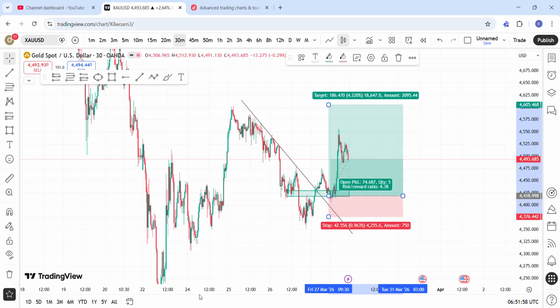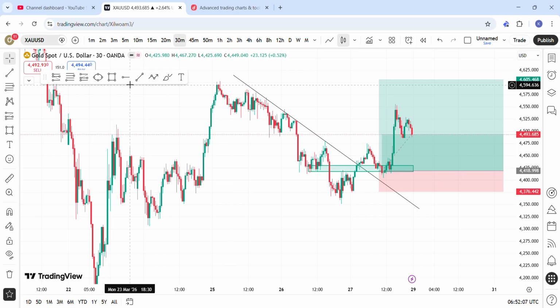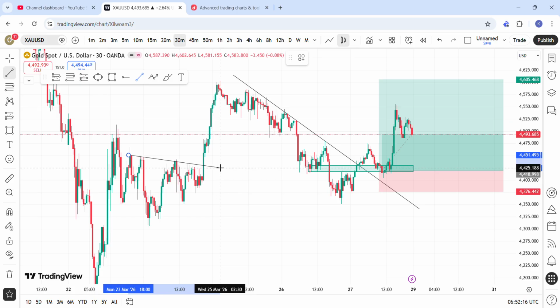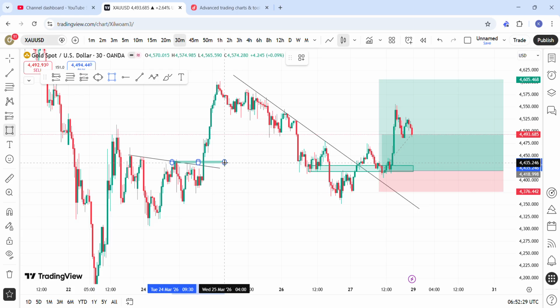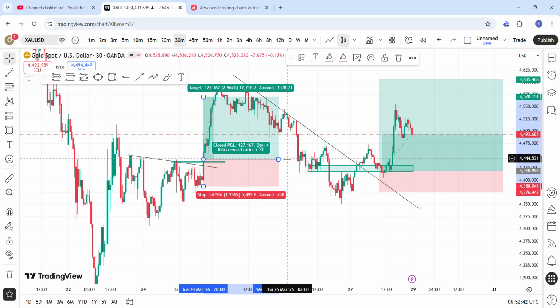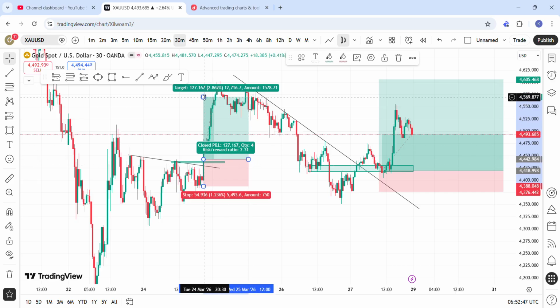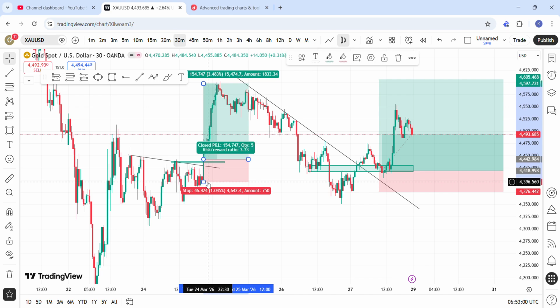same thing with this. As the price broke this zone, you can see it.